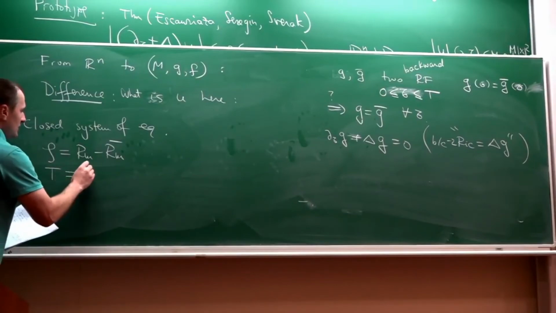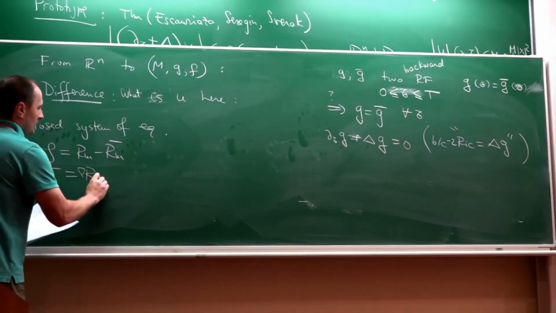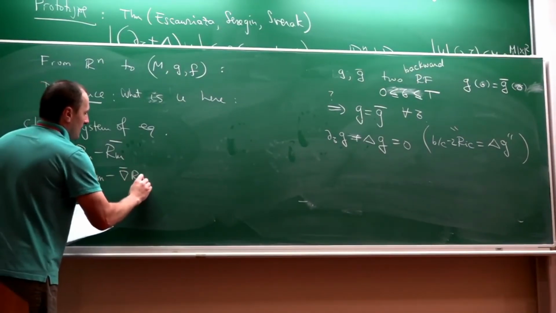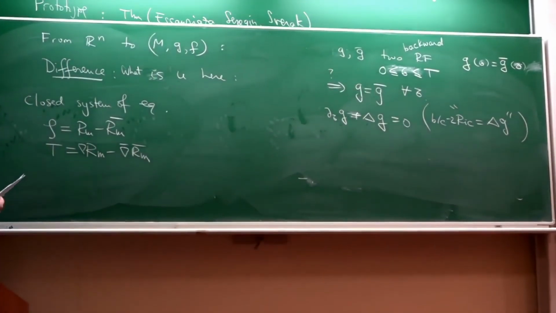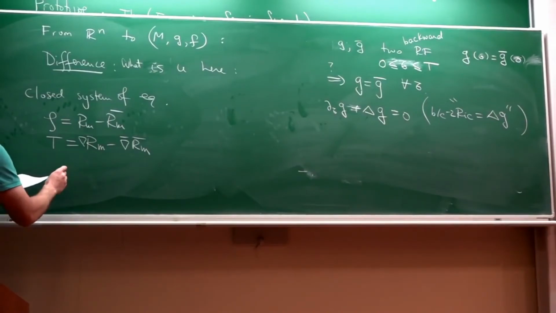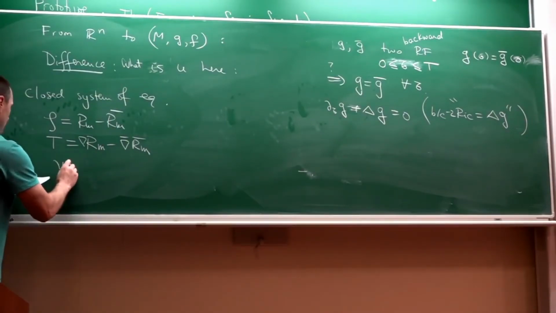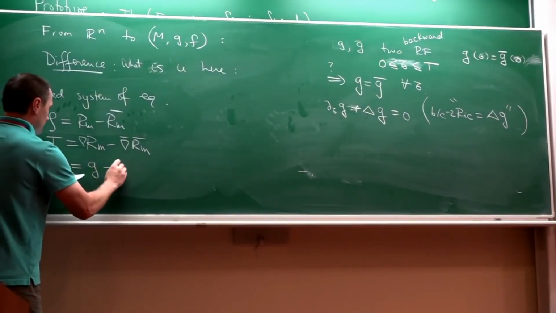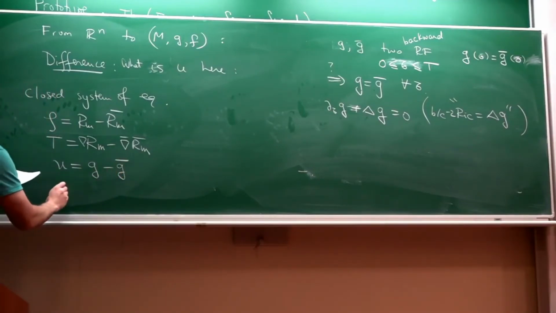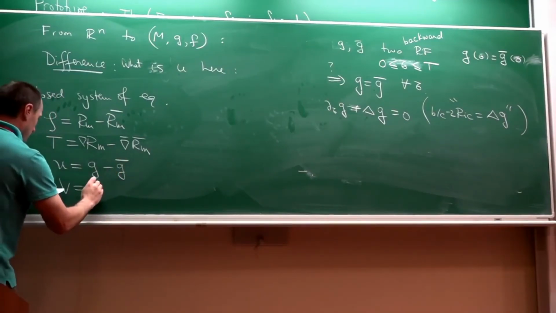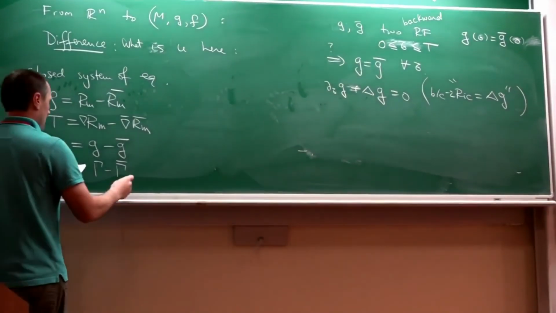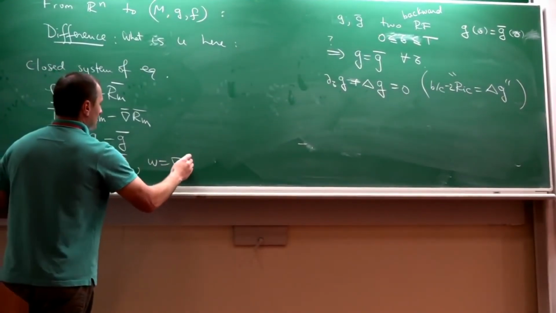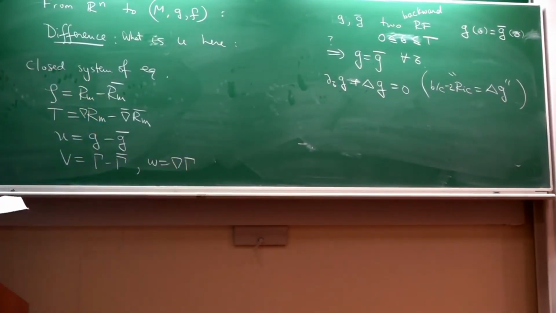Then you take the derivatives, the difference of derivatives. Then you take, there are many others. So you take u to be g minus g bar, v to be gamma minus gamma bar, that's also a tensor, and w to be gradient of gamma. Right, so these are the Christoffel symbols.